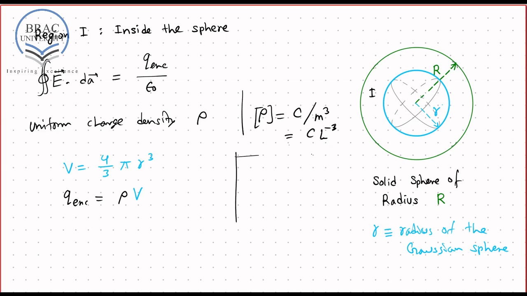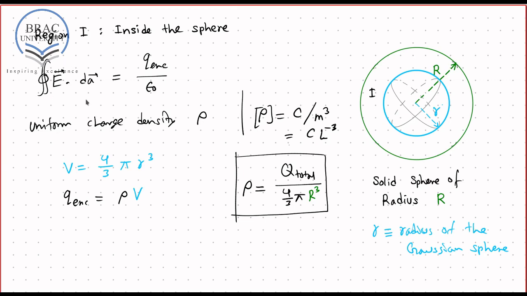If you know the total charge, you can calculate rho as Q, the total charge in this sphere, divided by the volume 4 by 3 pi big R cubed, because it is the total charge in the sphere of radius big R divided by the volume of the sphere of radius big R. Don't mix up these two spheres, otherwise you'll not be able to solve this problem properly.